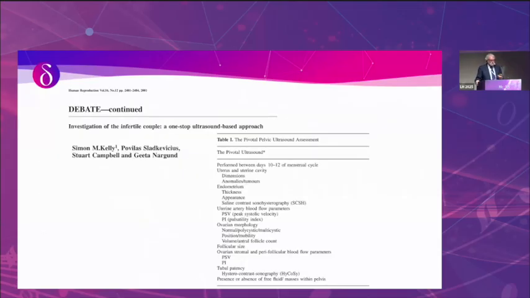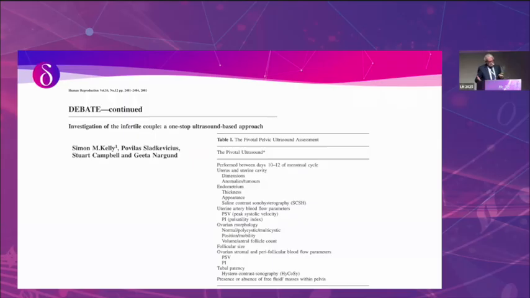And this is the last part of my presentation, regarding this fundamental step. We are in front of the patient, we perform this evaluation. It's very fast, a few seconds, measuring the dimension of the ovary, counting the follicles. But there is a moment, from pioneers, Stuart Campbell and other colleagues, about the importance of having this moment to obtain all this list.